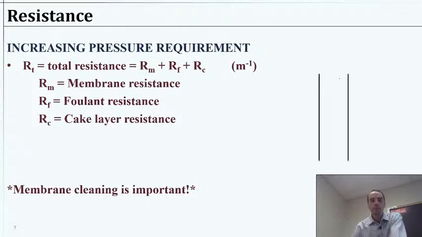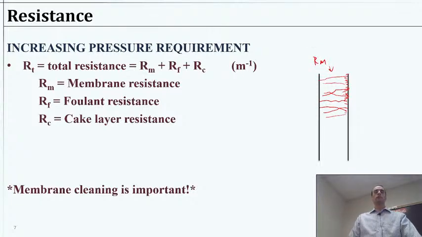So if we have, let's say, a pore structure, a separation layer that's right at the surface, that has these smaller pores, let me try to draw it a little better. Kind of like what we saw a moment ago, I'm just going to use a little bit of this space. Larger pores where water can travel through. This RM is coming from the membrane itself, right? Just the portion that is the actual membrane.